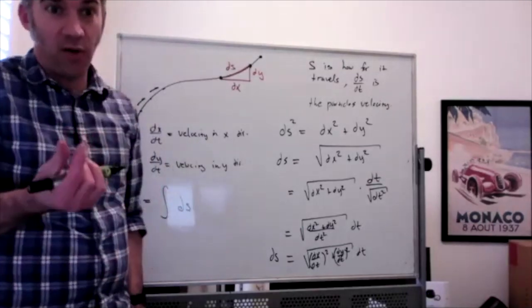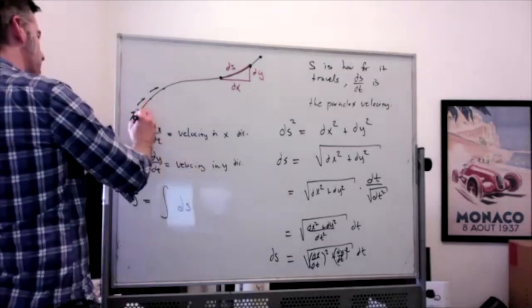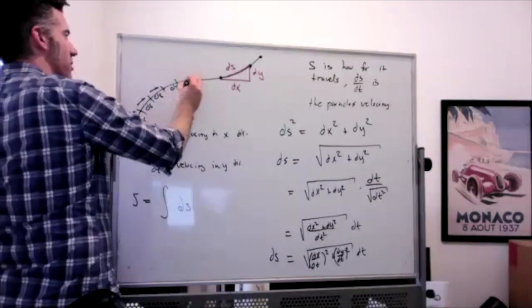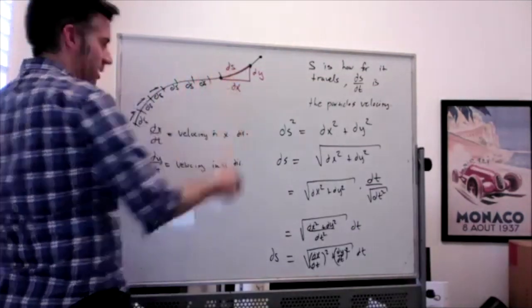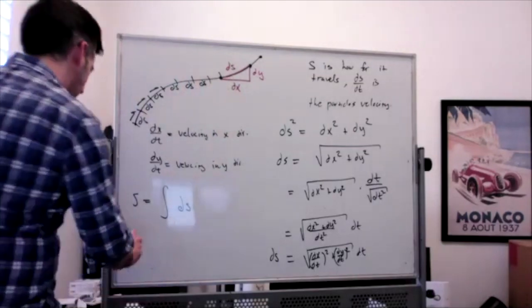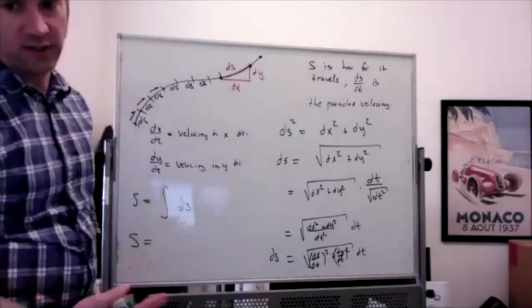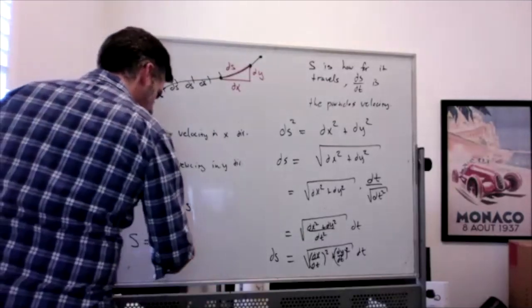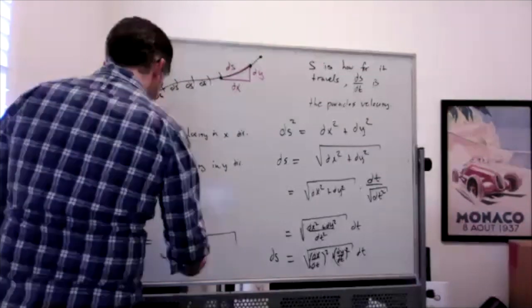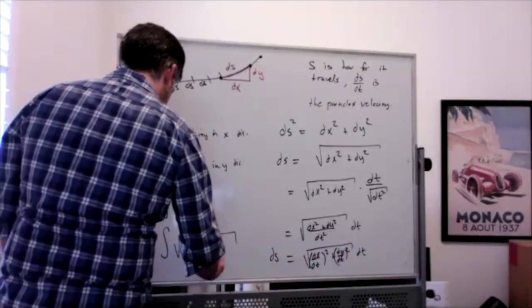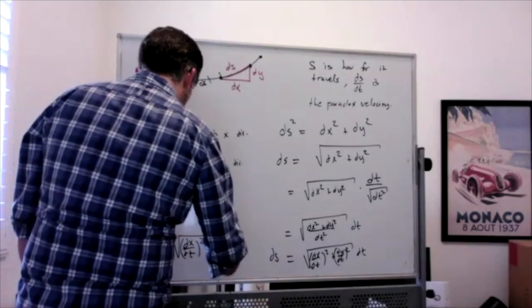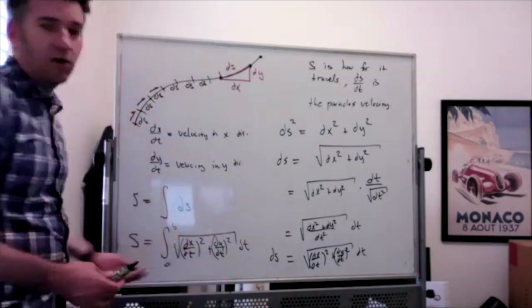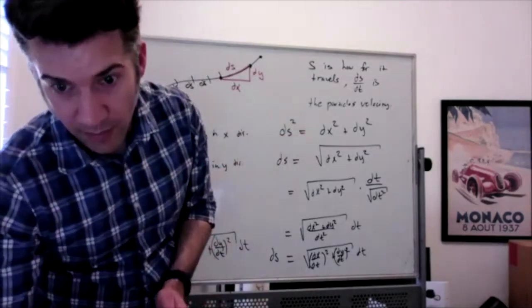We're going to add up all the small pieces, all these small ds, which is what we do when we integrate. So one formula for the arc length is the integral of the square root of (dx/dt) squared plus (dy/dt) squared dt from a to b. Now, you probably haven't seen this formula yet. That's okay.